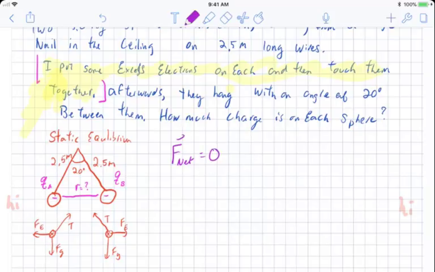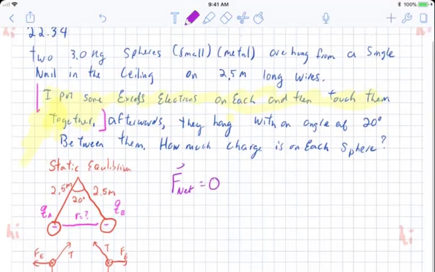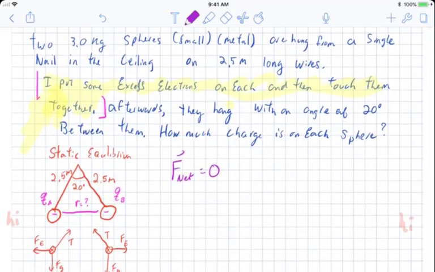Okay, so we can calculate each of the forces on the spheres. Let's focus on sphere B. There's a force of gravity. How big is that? It's 3 kilograms, so the force of gravity is 9.81 times 3. So it's going to be minus 29.43 J hat.